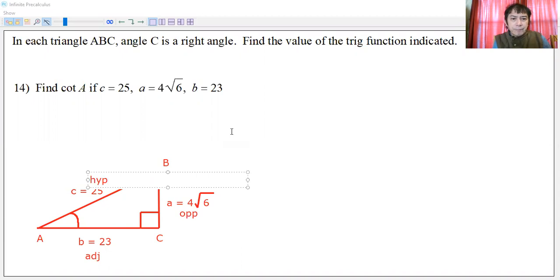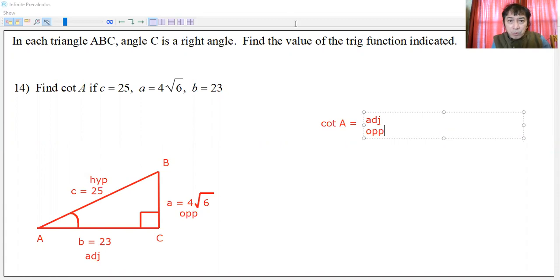Now we're ready to determine our cotangent angle A. Cotangent of angle A is equal to what ratio? It's the adjacent side divided by the opposite side. That's always the formula for cotangent.